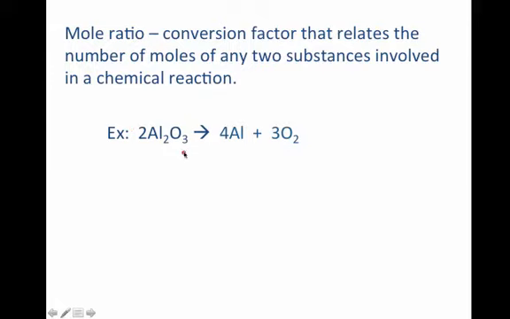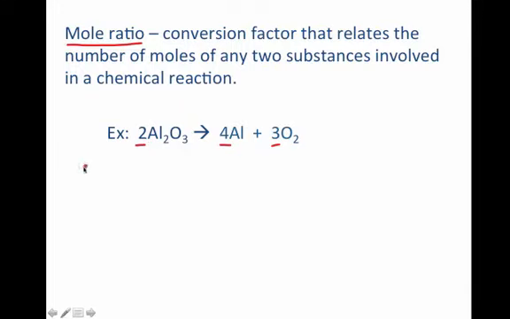So if you look at this example reaction here, we have a decomposition reaction in which aluminum oxide is decomposing into aluminum and oxygen gas. And if you notice, the coefficients here are 2, 4, and 3. So when we call this a mole ratio, where we get the mole ratio from is the coefficients.